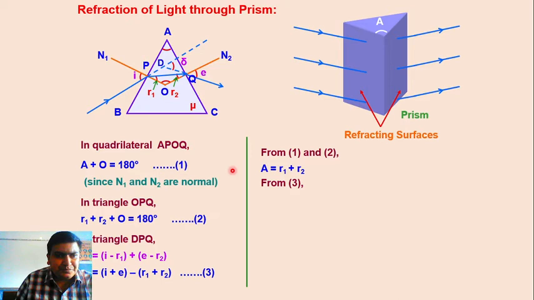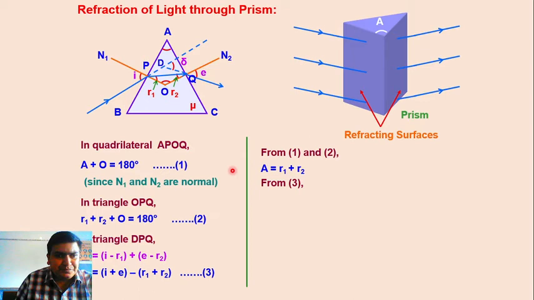So delta can be written as i plus e minus A. So we can write i plus e equals A plus delta. The sum of the angle of incidence and angle of emergence is equal to the sum of the angle of prism and angle of deviation.